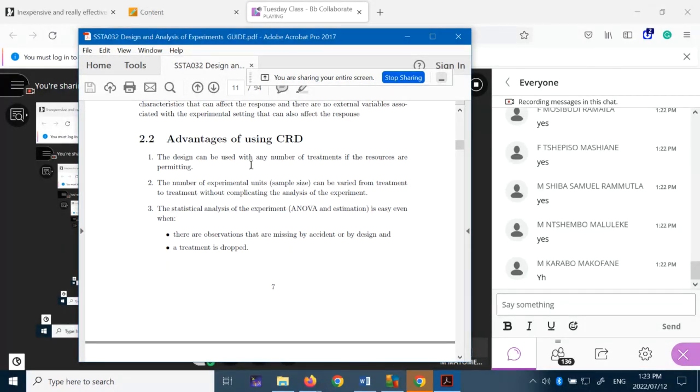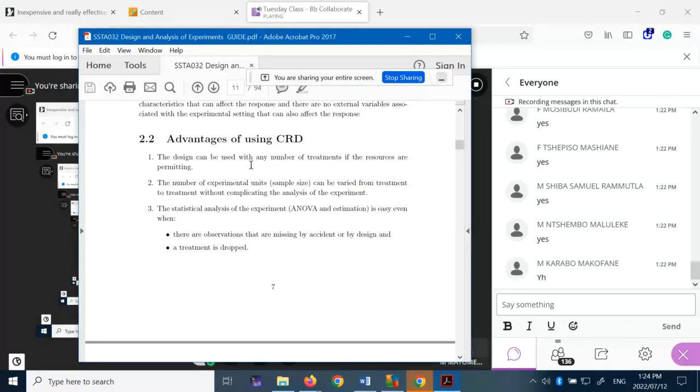The third one: the ANOVA is easy even when you have missing observations by accident or by design. So even if your problem is not balanced, you won't have any problem when you are trying to construct an ANOVA table.